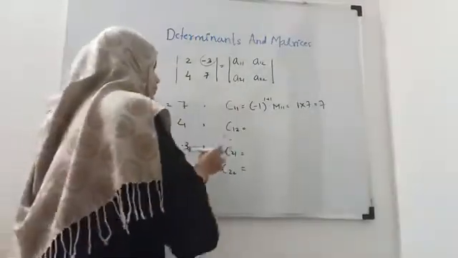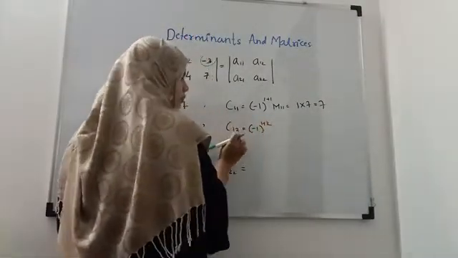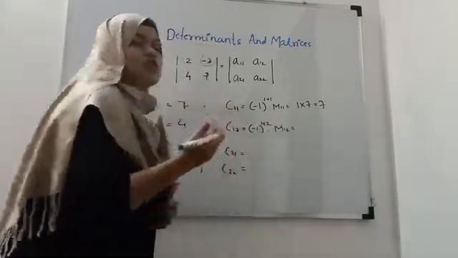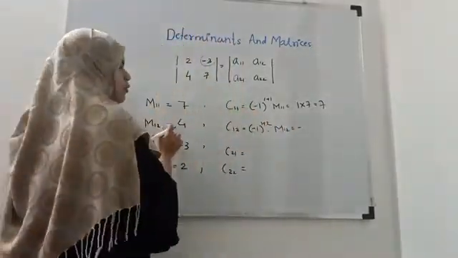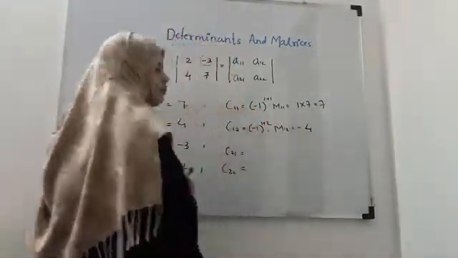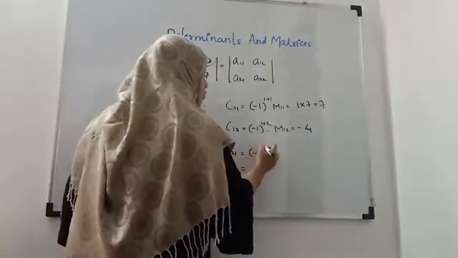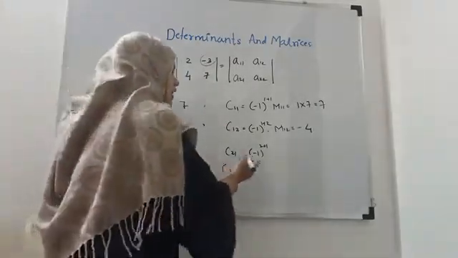And C12 will be minus 1 raised to 1 plus 2, into M12. So minus 1 raised to cube will be minus, right? And M12 is 4, so answer is minus 4. What is C21? It is minus 1 raised to 2 plus 1, that is minus 1 cube, which is minus again.